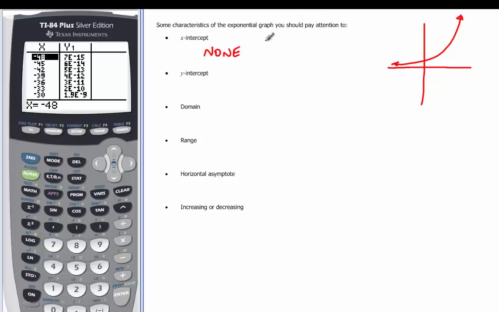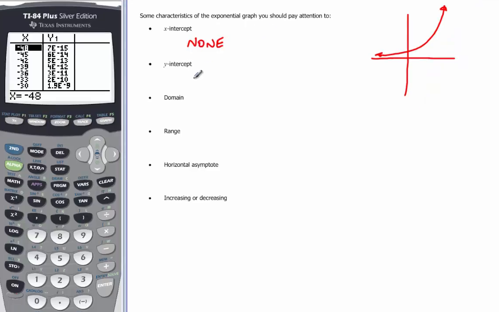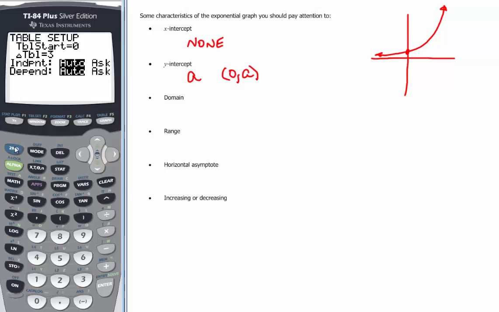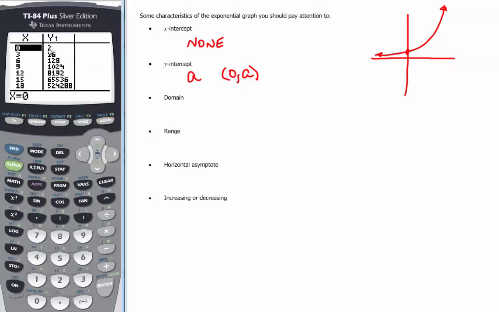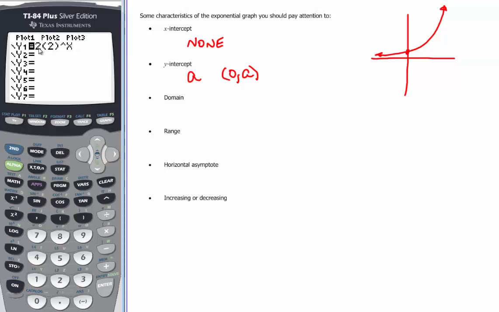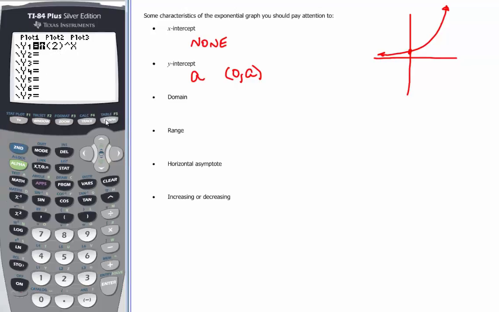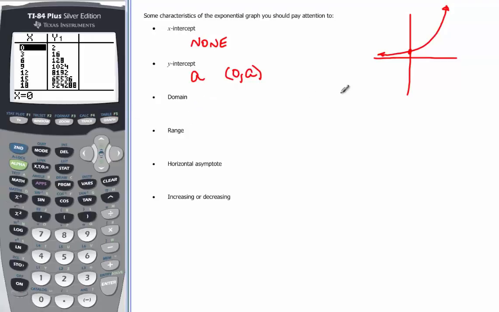Let's talk about the y-intercept then. The y-intercept, remember that we said that that was the a, and the point would be 0, a. In our equation, we could find the y-intercept as that constant a. So let's look at our graph. We said it was 2 times 2 to the x, and the 2 in front, that was my a, and it was 0, 2, which we just saw in our table was the point that we had.